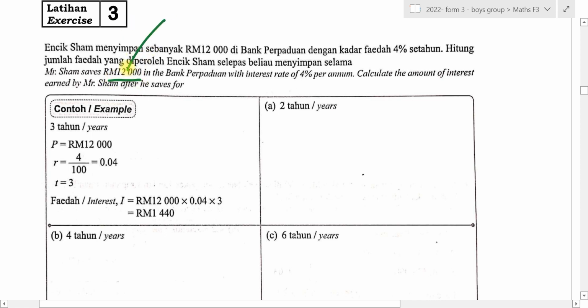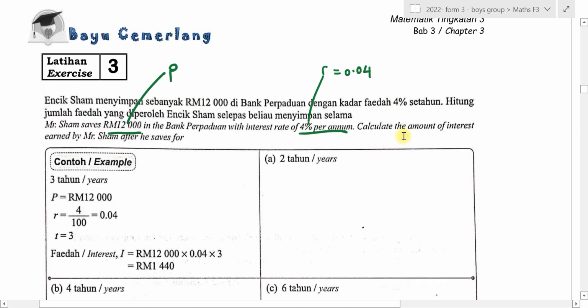The money he saves or keeps or invests, we call principal. This is your P. In the bank with the interest rate 4% per annum. Per annum means per year. 4%, this is your R. And beware, you need to change it into decimal. Okay. Calculate the amount of interest.